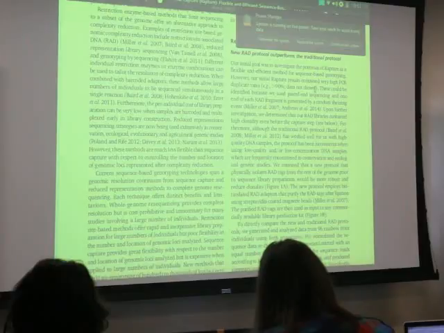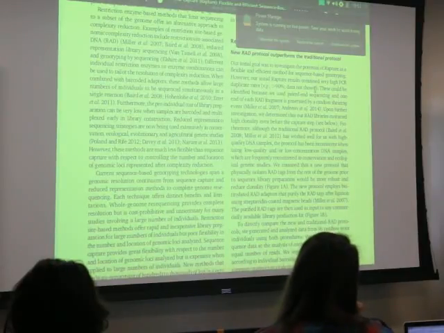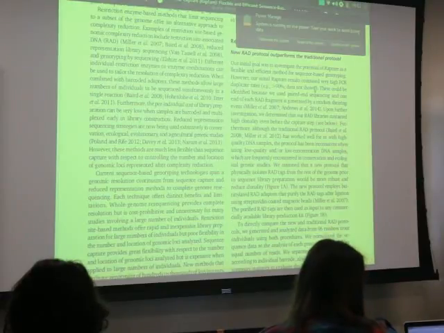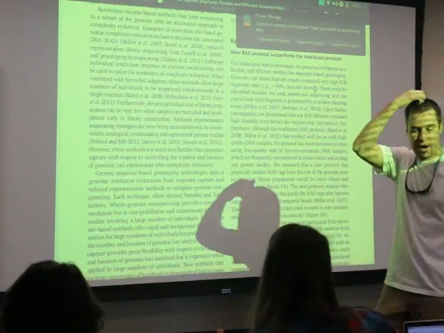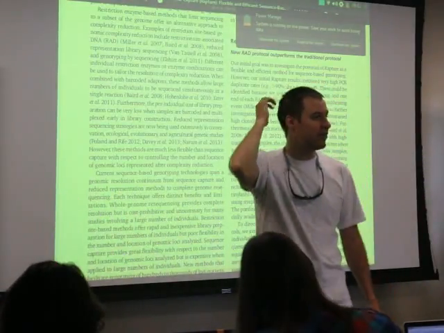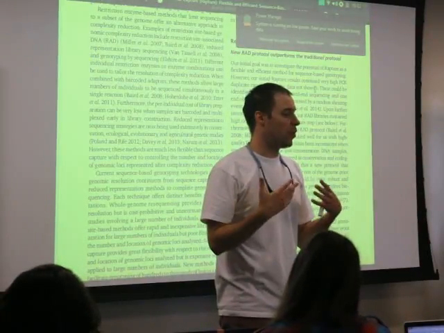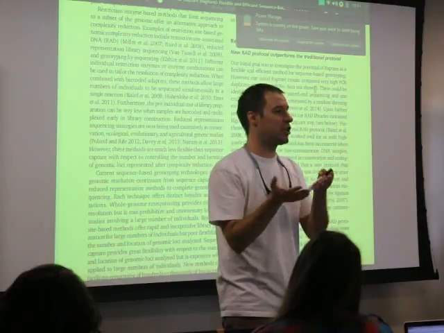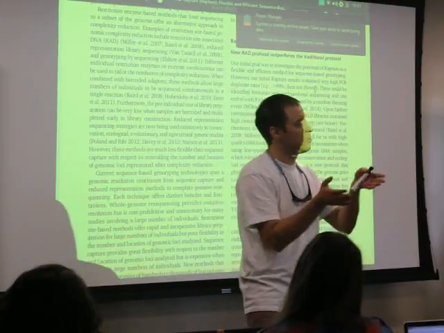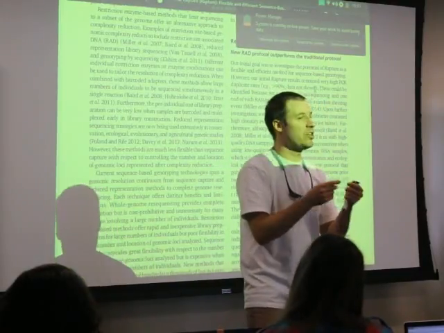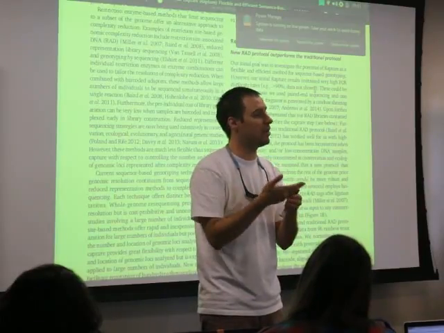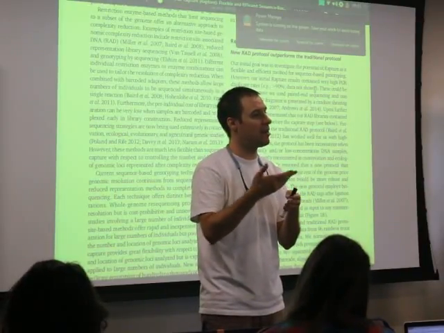So even if we have a relatively diverged reference genome, for example, if we're analyzing Chinook salmon, there's a reference genome for rainbow trout, and they're 10 to 15 million years diverged. We get better results by aligning Chinook salmon RAD data to the rainbow trout genome than we do by doing a de novo assembly of Chinook salmon and doing that analysis.